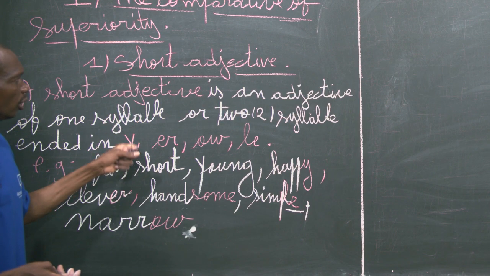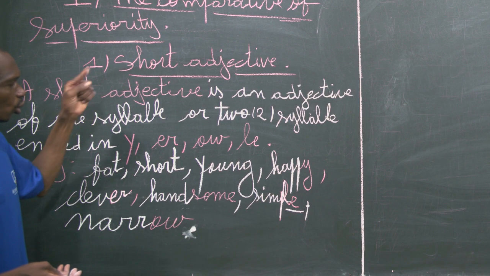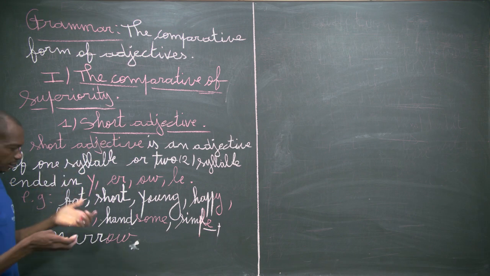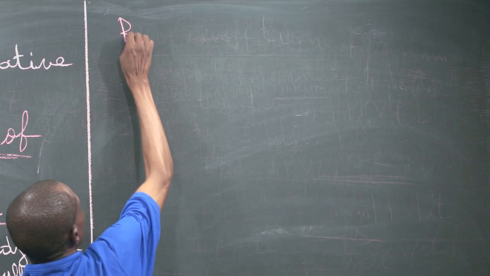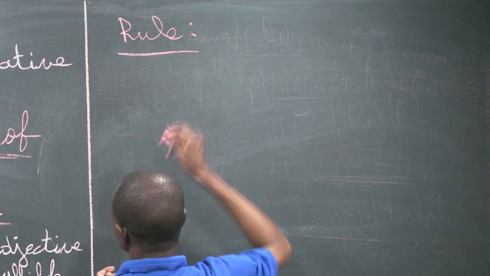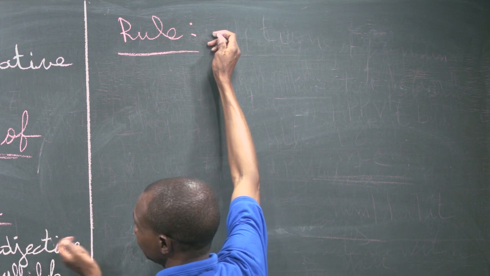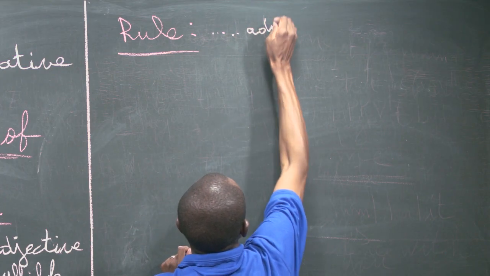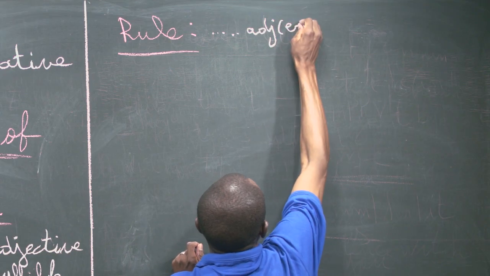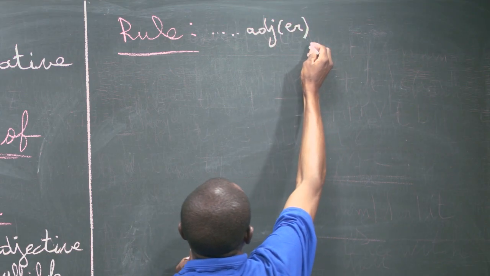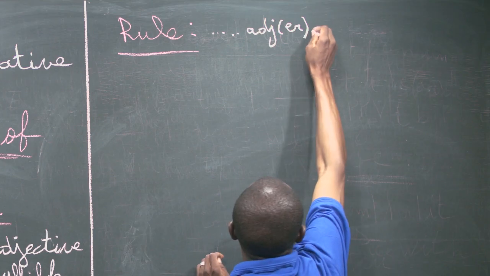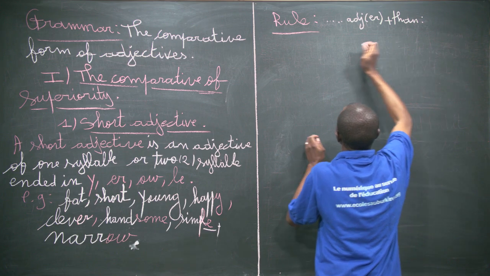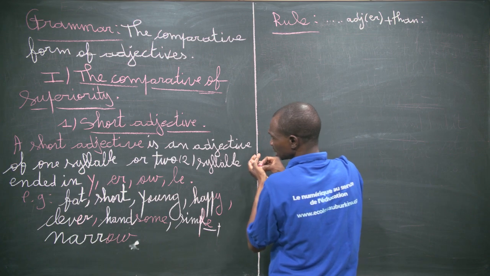Now, what is the rule for the comparison of superiority with short adjectives? It is simple. Rule of formation: the subject plus the short adjective plus ER, then THAN, which means plus que. Let's give an example.